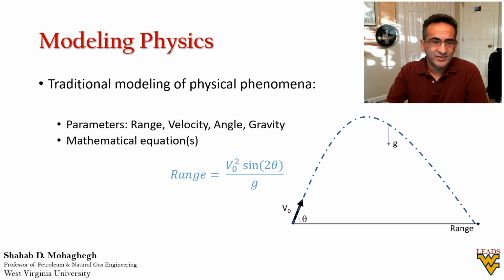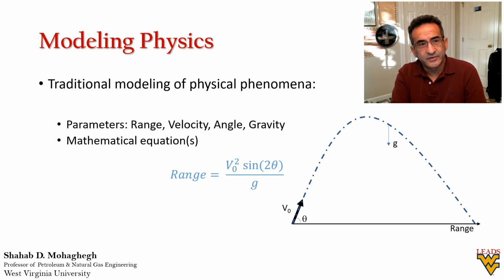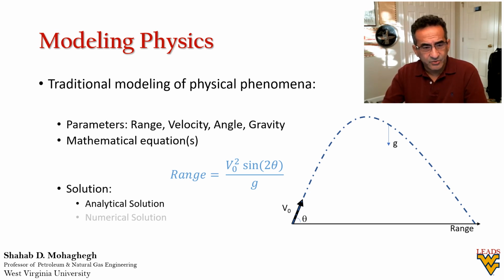These are the parameters that are involved, and the simple mathematical equation that is formed to model this physics is, as you can see here in this equation. And of course, because of the simplicity, the equation not being too complex, analytical solution can be used to solve it.